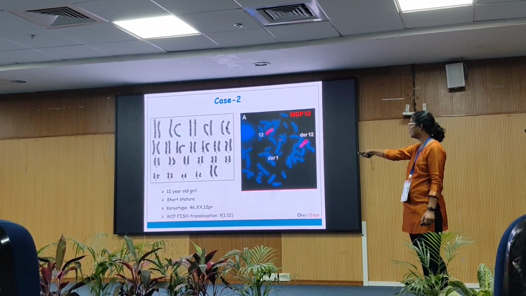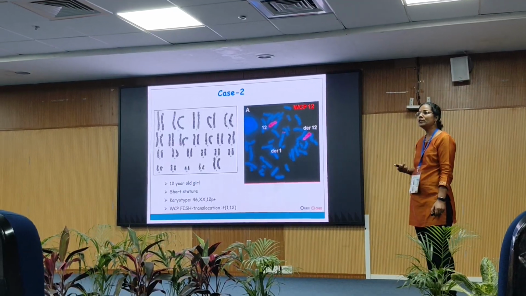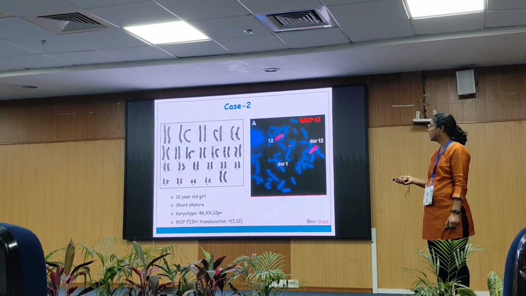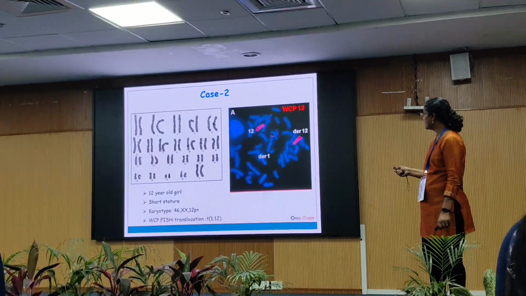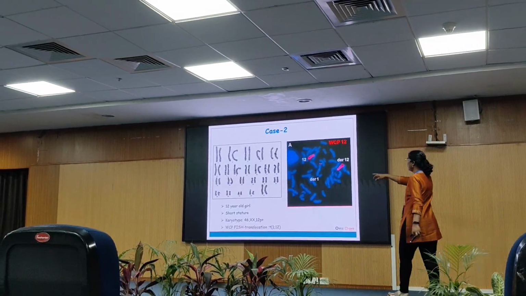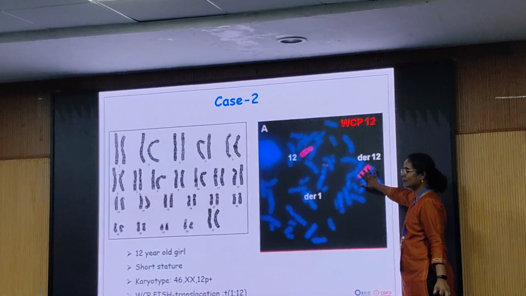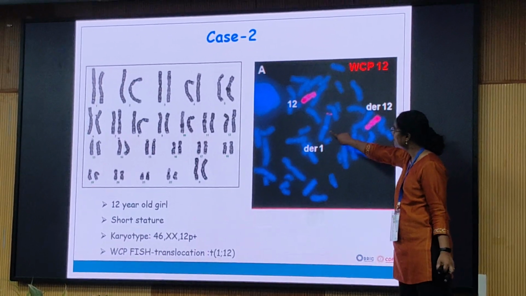To know this additional part, we have done a whole chromosome paint. Here you can see this is a normal chromosome 12, and then this is a derivative 12. But to our surprise, there are signals which are found on chromosome 1.